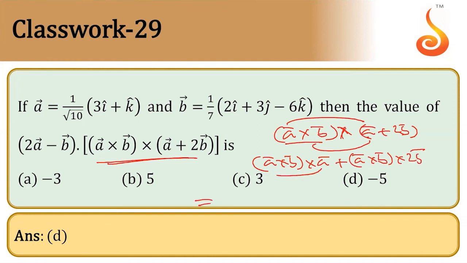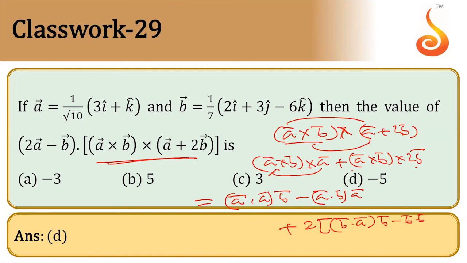Now this uses the product of three vectors: A dot A into B bar minus A dot B into A bar. The 2 keeps outside. Now B dot A into B bar minus B dot B into A bar comes. So A dot A is modulus A square B bar, minus A dot B A bar, and 2 A dot B B bar minus 2 B dot B A bar.